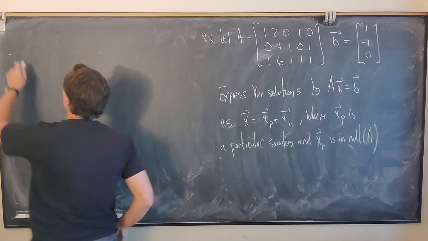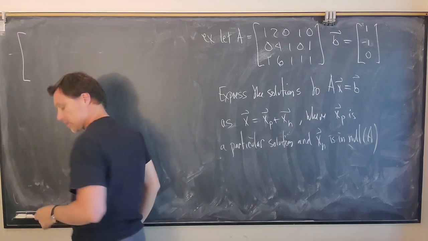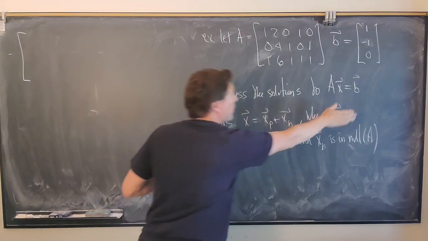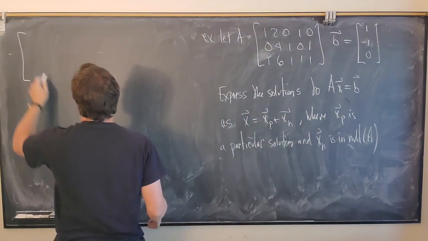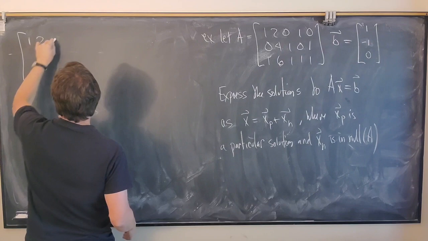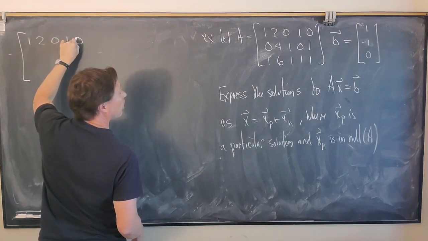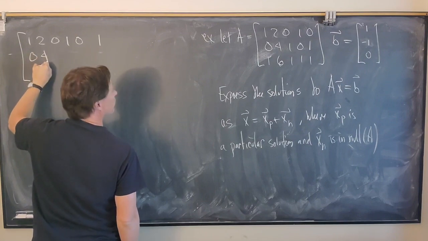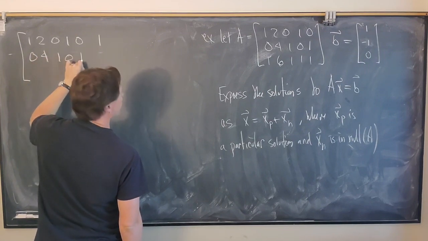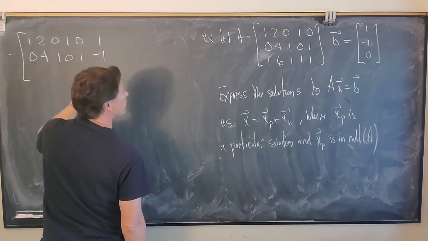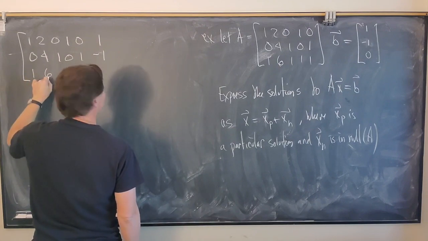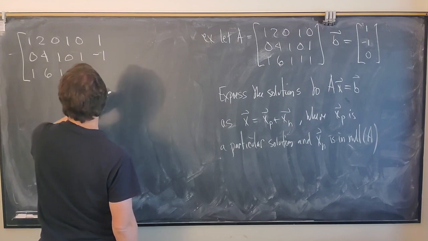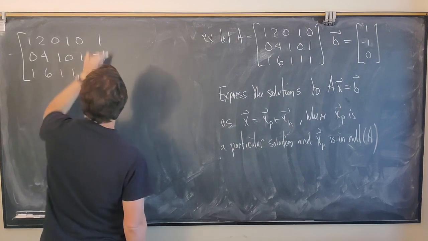All right, so I'm going to set up an augmented matrix corresponding to this system right here. So it'll be 1, 2, 0, 1, 0, 1. 0, 4, 1, 0, 1, negative 1. 1, 6, 1, 1, 1, 0.